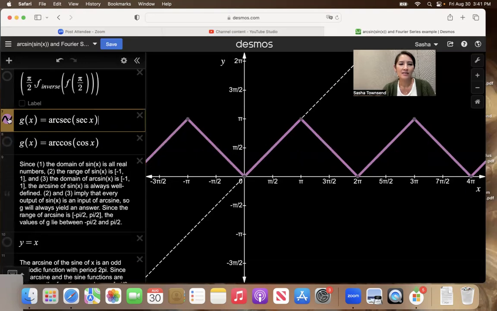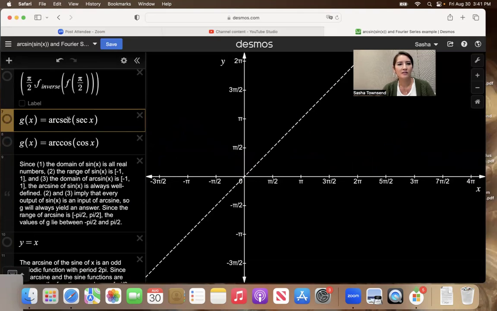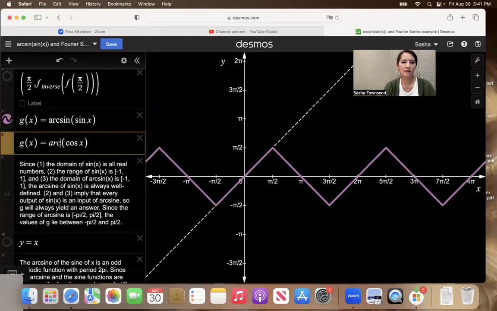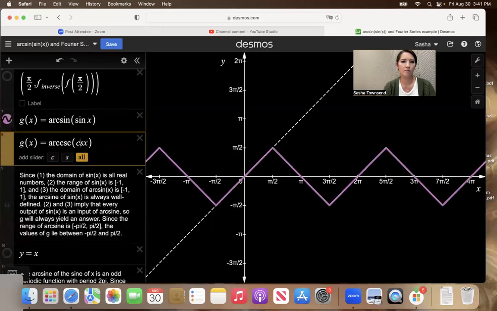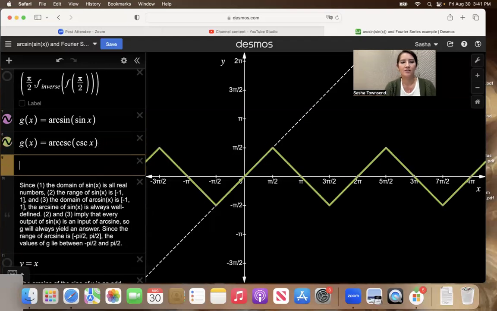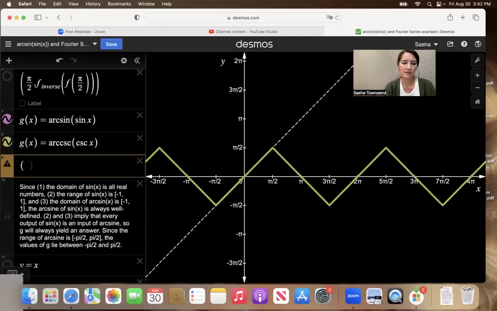Arc cosecant and arc sine are probably very similar in the same way. We looked at arc sine to begin, right? That was arc sine. Let's look at arc cosecant. They're the same, except we should have problems every time the sine of x is 0. So this arc cosecant graph should have open circles at all of the multiples of pi.